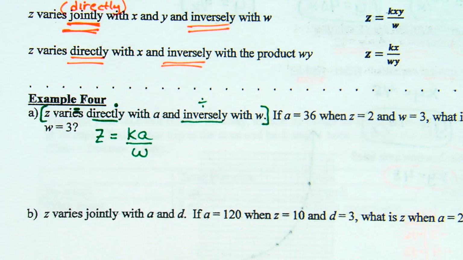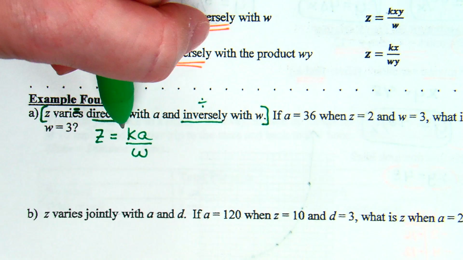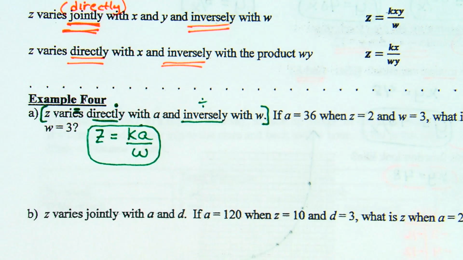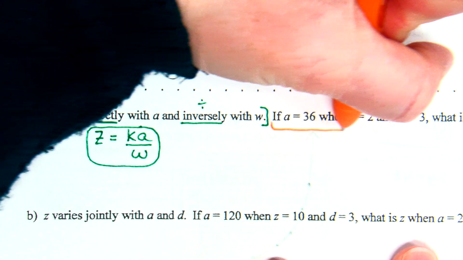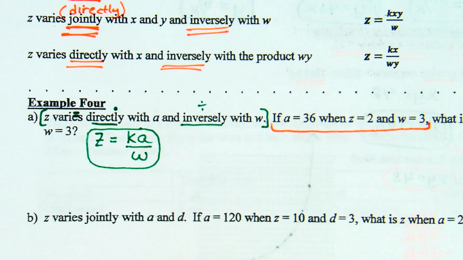Plug it in and find K. Because that's the whole thing: they'll give you all the other values, and you have to be able to find K. So I'm going to take the equation we just created, Z equals KA over W, and plug it in. Z was 2, K is what I'm trying to find, A is 36, W is 3.